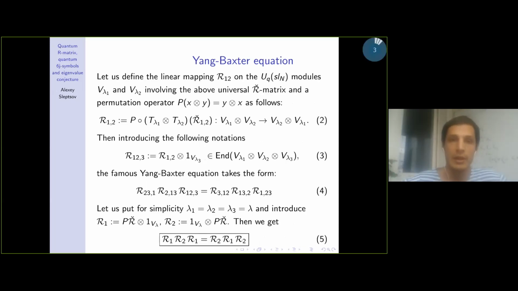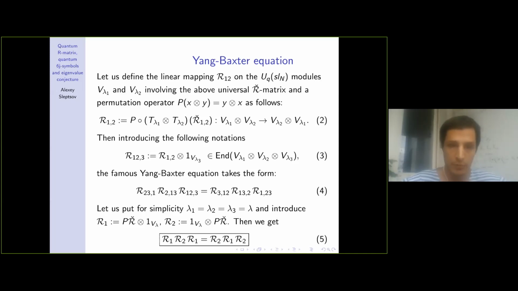So let us define the linear mapping R12 on the tensor product of two modules of the quantum algebra, V lambda 1 and V lambda 2, involving the above universal R matrix and the permutation operator P as given by formula 2. Then introducing notations 3, we get the famous Yang-Baxter equation in the form 4.